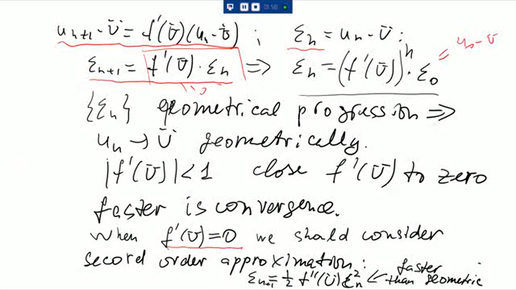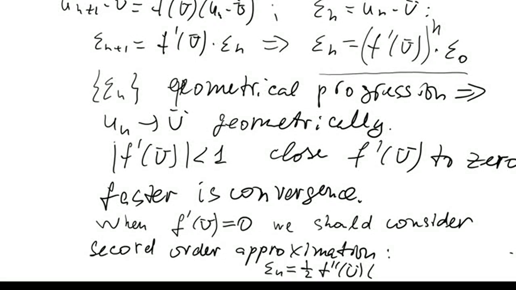But we will need to consider the second order approximation given by this formula: epsilon n plus 1 equals half times the second derivative of f at u capital times epsilon n squared.